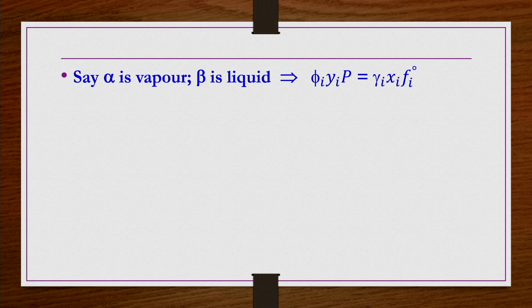Let us assume alpha is the vapor phase, beta is the liquid phase, and let us take component i. For the ith component we can write it as yi phi i P is equal to xi fi naught gamma i, right. So, this is nothing but mu i alpha is equal to mu i beta.